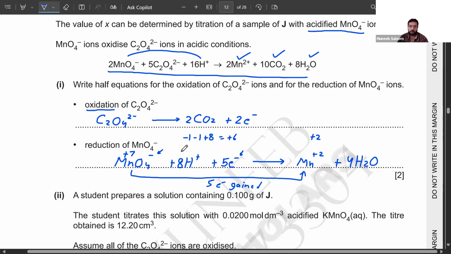As you can see, the charges will now be balanced: minus 1 and minus 5 for the 5 electrons and plus 8, which is equal to plus 2 on the left side of the equation and plus 2 on the right side. So that's fulfilled.